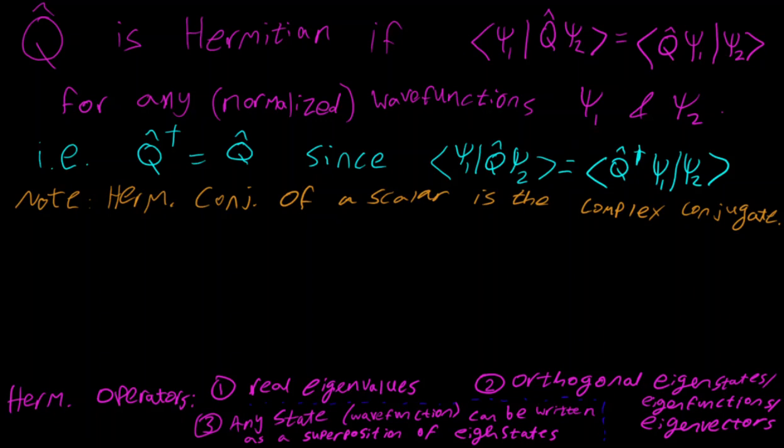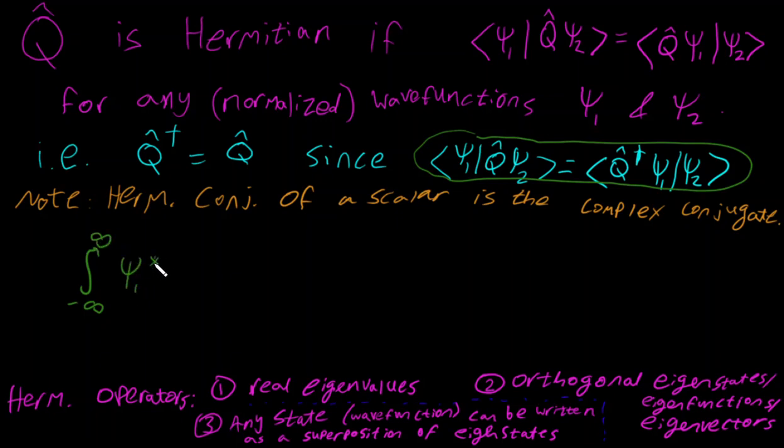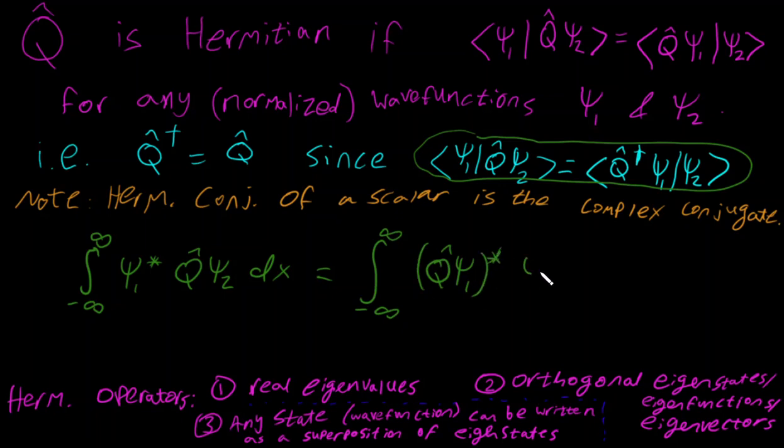This statement, I'll circle this in green. I'll write it in its integral form: the integral from negative infinity to infinity of psi1 complex conjugate times Q hat psi2 dx is equal to the integral from negative infinity to infinity of Q hat psi1 complex conjugate psi2.